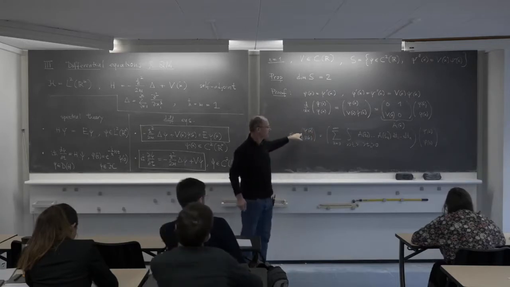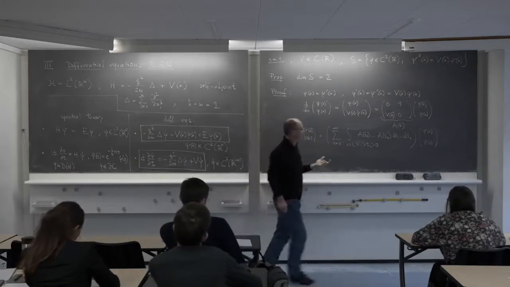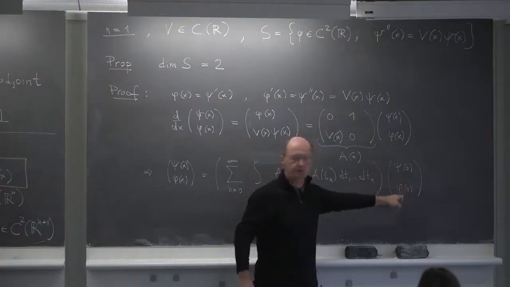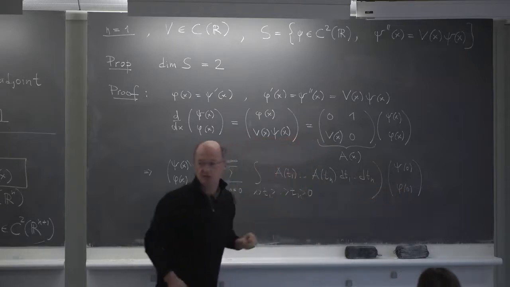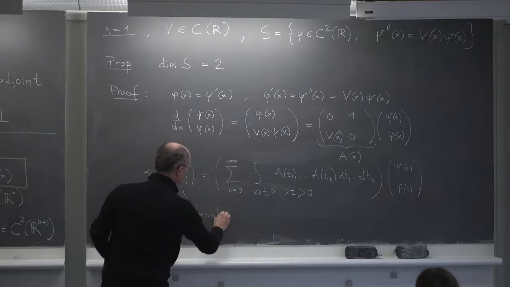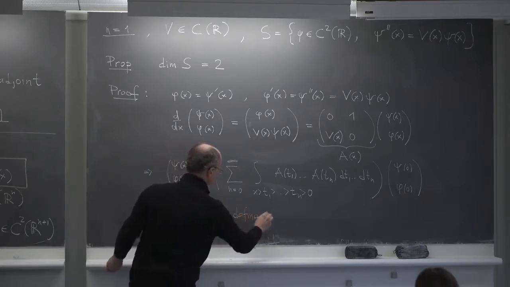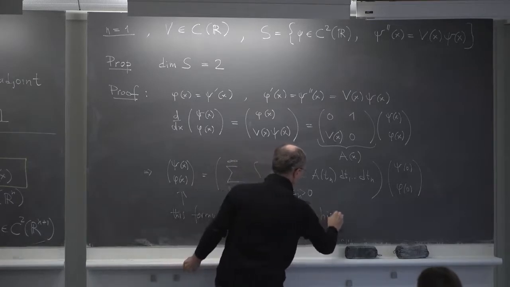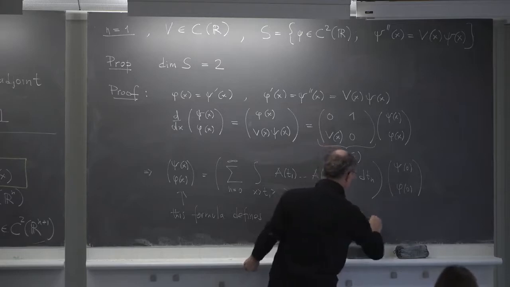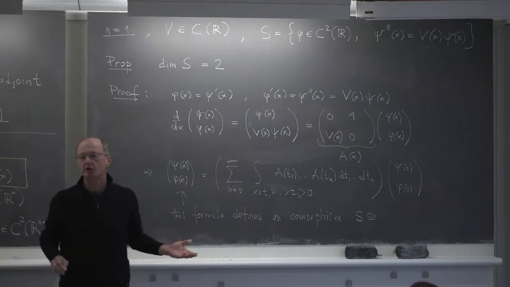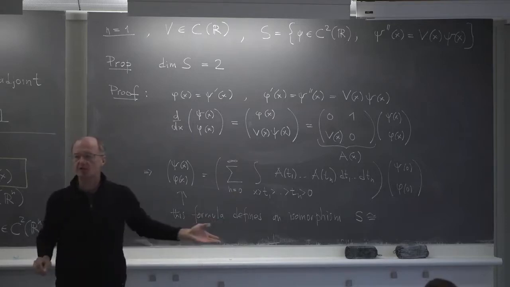So in fact, this map gives us an explicit isomorphism between the two-dimensional space of psi of 0, phi of 0, and the space S. So this is an isomorphism between S and, well, it depends: if we do it over reals, R2, or if we do it over complex numbers, it's C2.